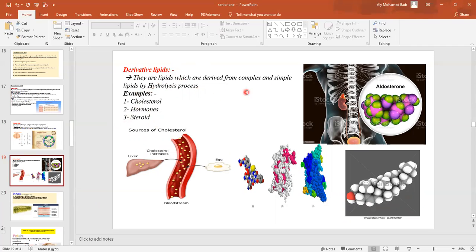Hydrolysis means adding water; dehydration means removing water. For example, cholesterol is present inside our body and is found in eggs, and there are the hormones that we use inside our body, and the steroids.